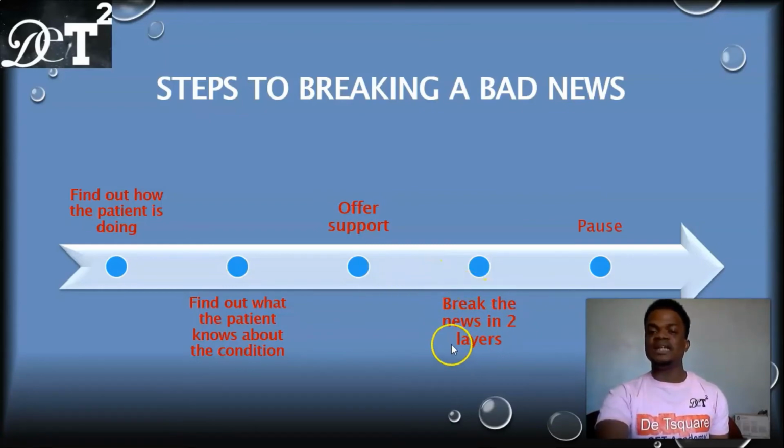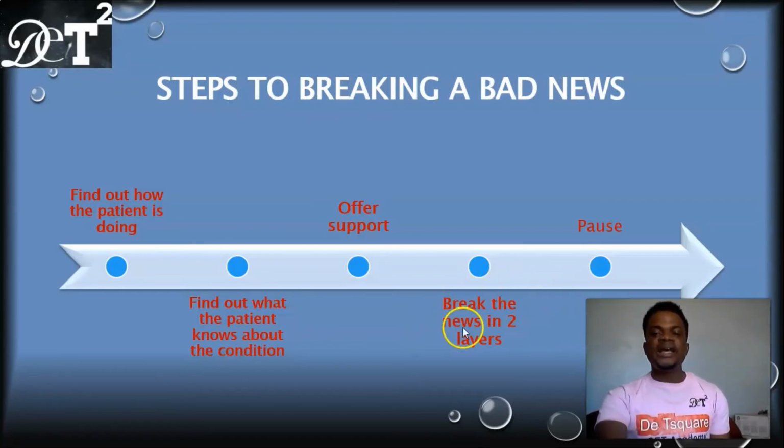You're already giving the patient a warning shot that you are about to release something bad. So this is like a warning shot you are giving this patient. Okay, then you offer support. The patient might say yes or no. If the patient says no, you now say okay.